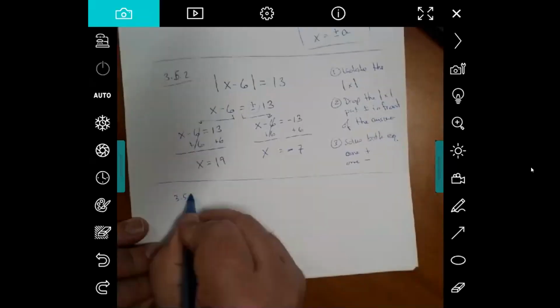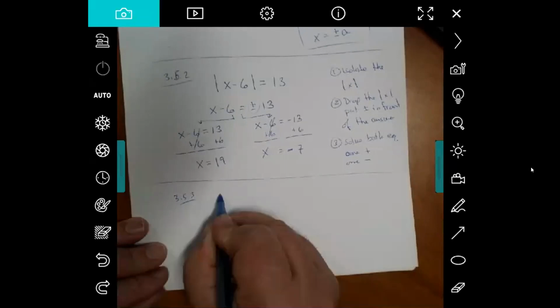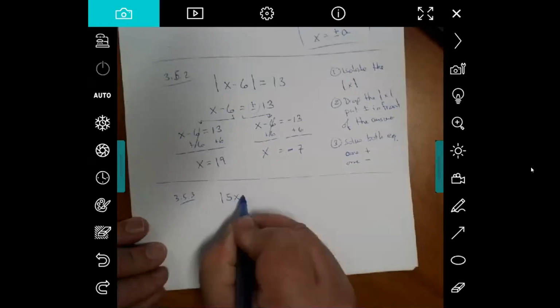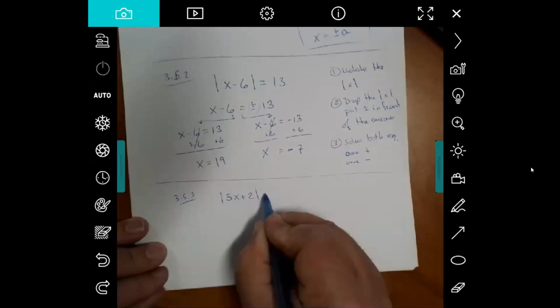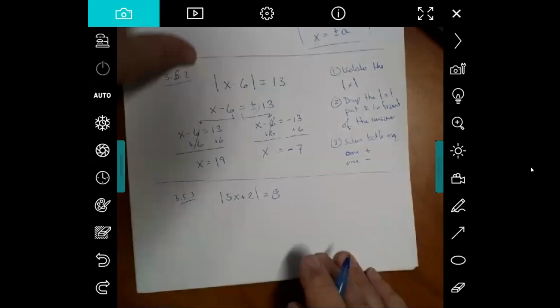Section 5, question 3. Absolute value of 5x plus 2 is equal to 8.